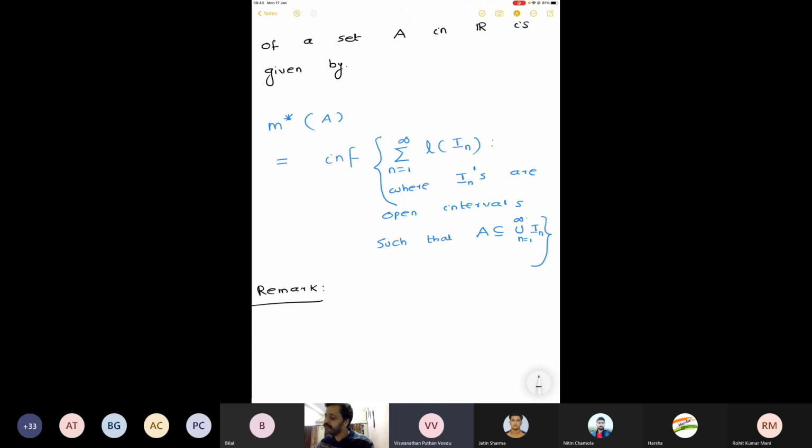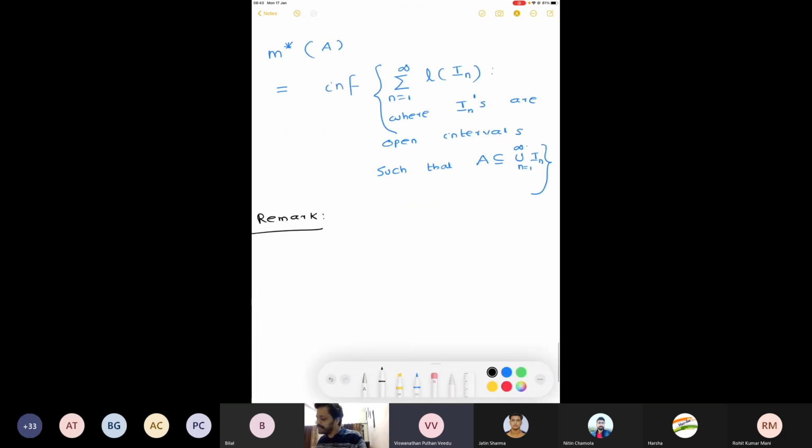If you can cover A with I_1, I_2, I_3, etc., I_k, I can again say that A is covered by a countable collection, with I_(k+1), I_(k+2), etc. as the null set. That can always be done. So just for uniformity, we will always say that we are considering a denumerable or countably infinite collection of intervals. But finiteness is included there. Okay. So that's the first comment that I would like to make.